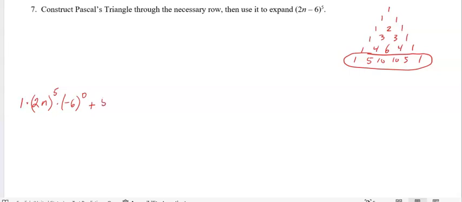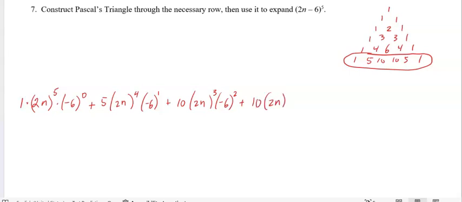Term number 2, I'm going to do 5 times 2n raised to the 4th power times negative 6 raised to the 1st. Term 3, I'm going to do 10 times 2n raised to the 3rd power times negative 6 raised to the 2nd. Term 4, 10 times 2n raised to the 2nd power times negative 6 raised to the 3rd.